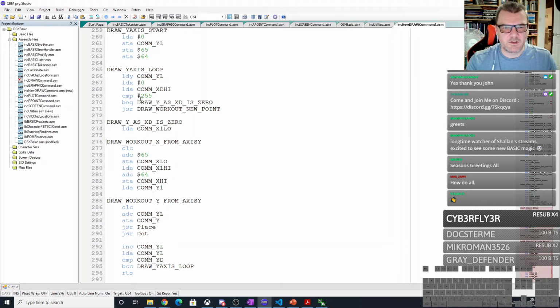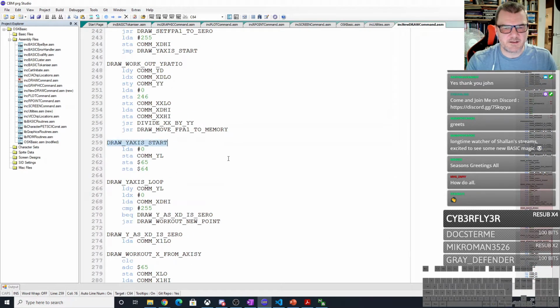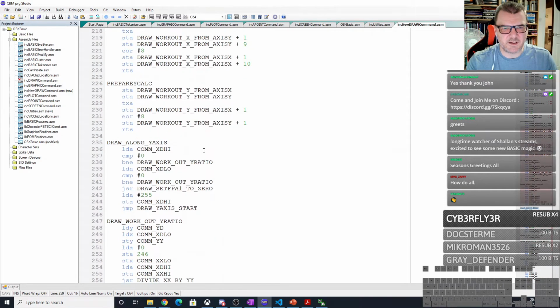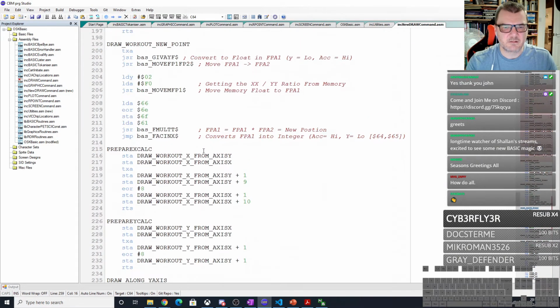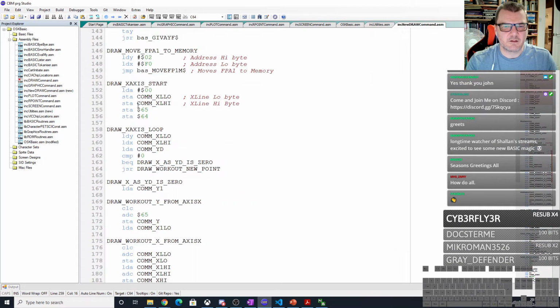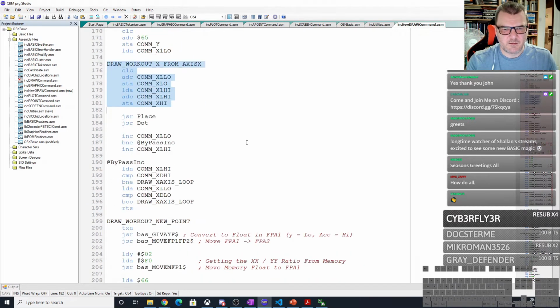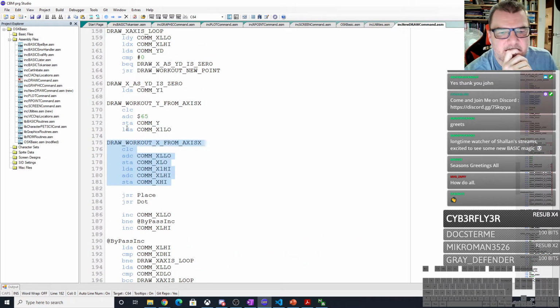And then the other one is, so this is draw x start, that's the one. Draw y start, and then the other one is draw x start, I think. There, draw x start. But the actual routines we change are these. This one here, that one. So that's the x.